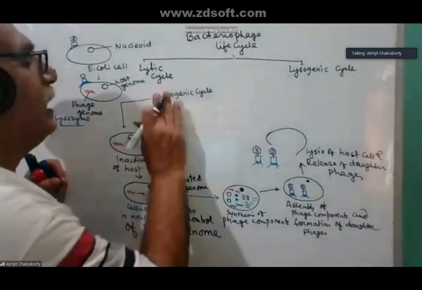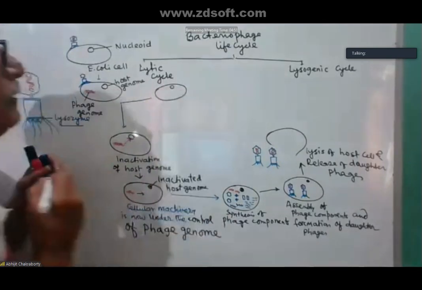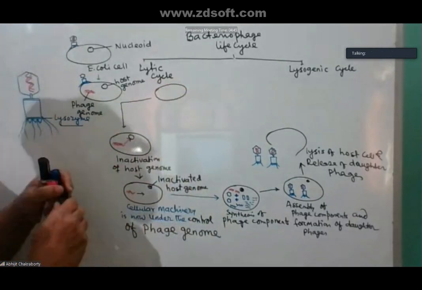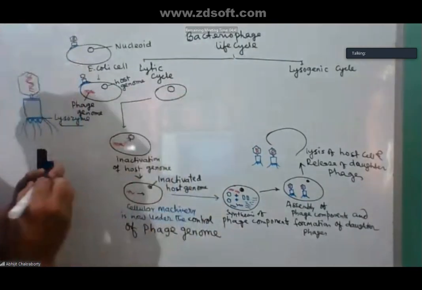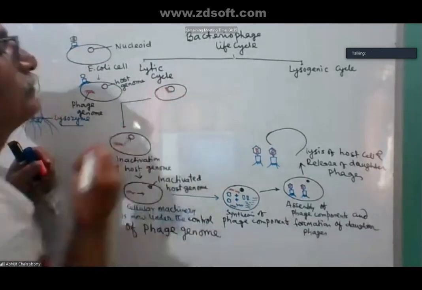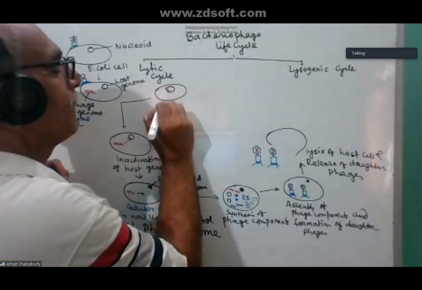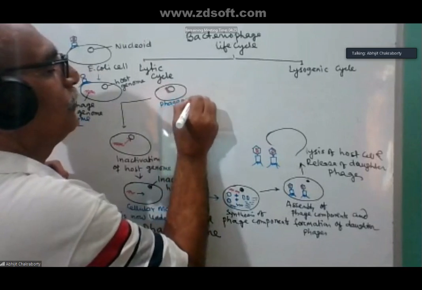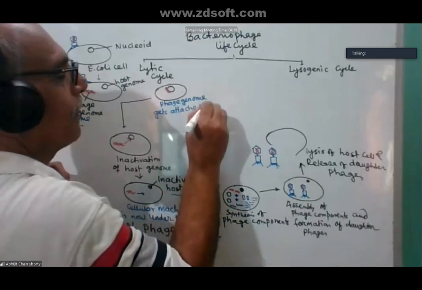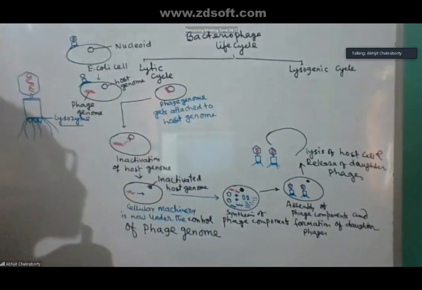But in case of the lysogenic cycle, what happens? The phage genome gets attached to the host genome.